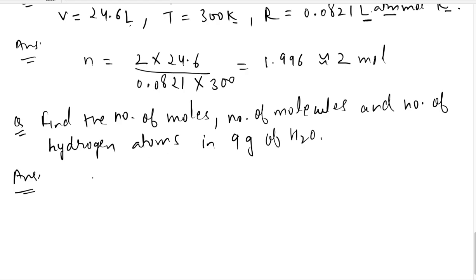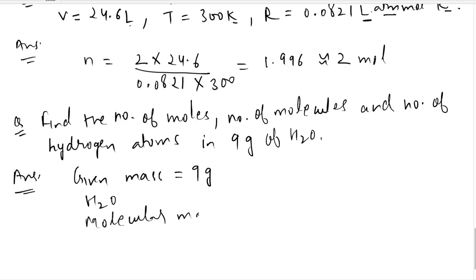let's just start with writing things rather than discussing it theoretically. Just write down the values which are given to us. Number one information, given mass, it is 9 gram. What else is provided to us? We are calculating it for water, right? So molecular mass we already know, it is 18 gram per mole.